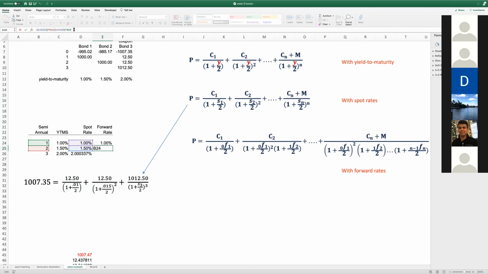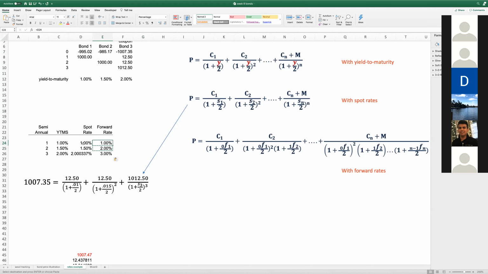And let me make sure that I got it right. Minus 1. I'm just implementing the formula that we used last time. And there you go. All right.